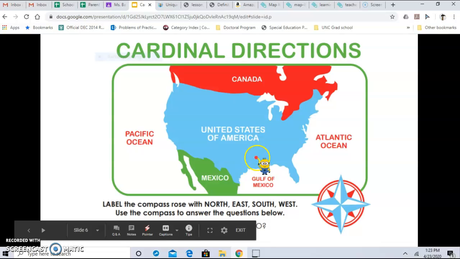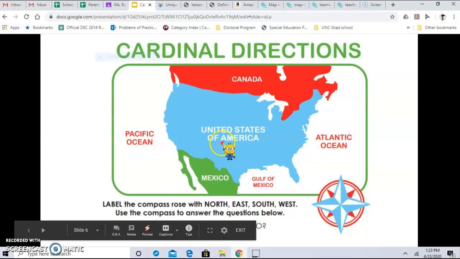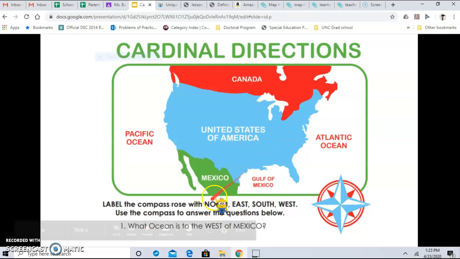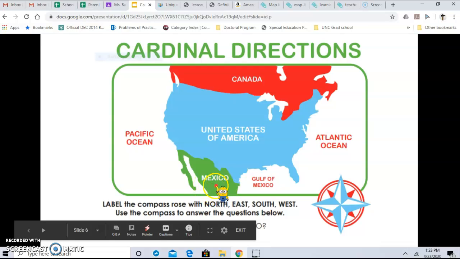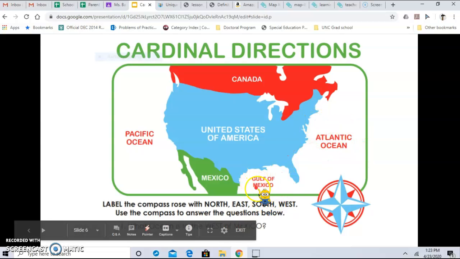We all live about here in Louisiana, okay? And on this map, we have several things. We have the country of Canada, we have the United States of America, we have the country of Mexico, and then we have some bodies of water. So we have the Atlantic Ocean, the Gulf of Mexico, and the Pacific Ocean. All right? So let's look back at this map.